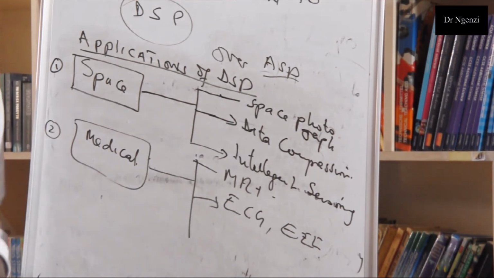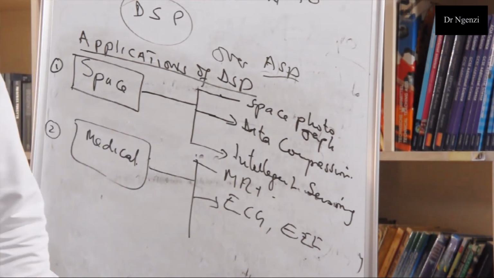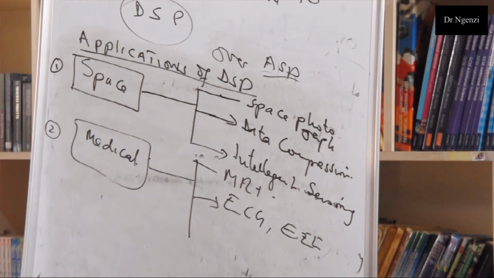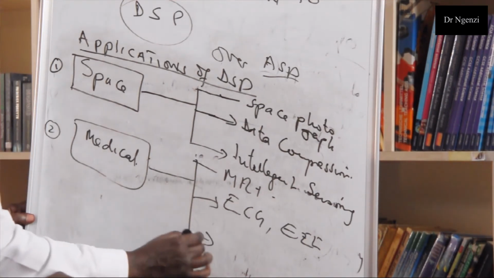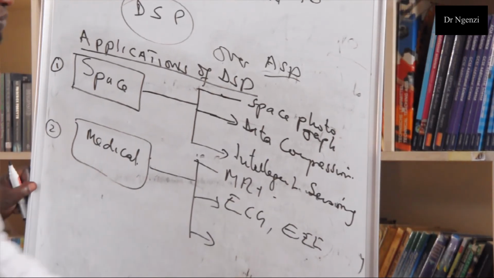So remember, when you have a brain problem or heart attack problem, you can identify those signals. You can also retrieve the stored images.